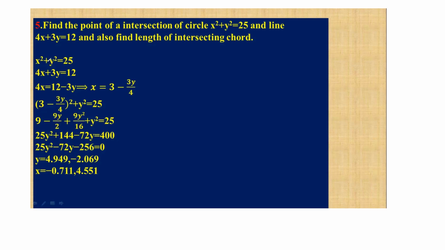Here is the equation of a circle and the equation of a line.